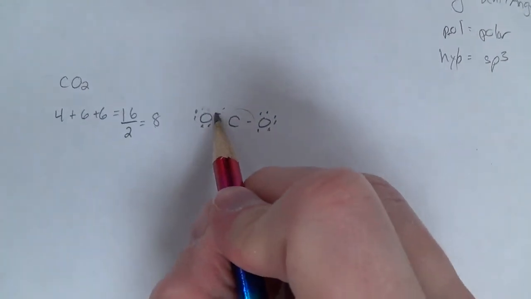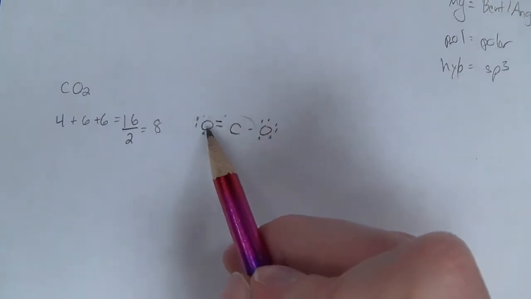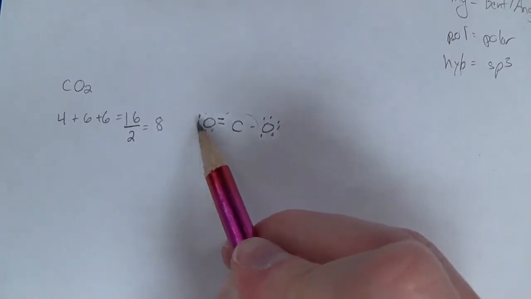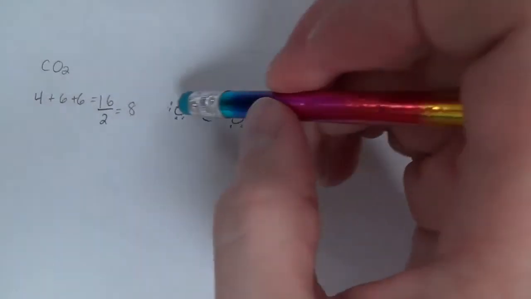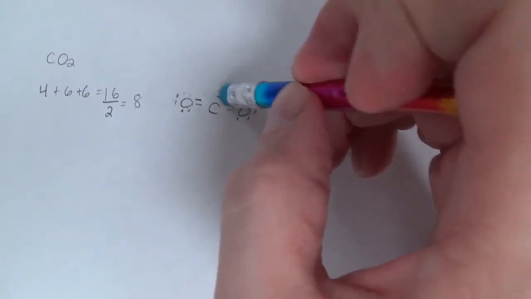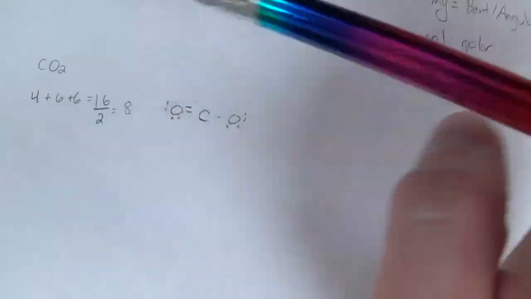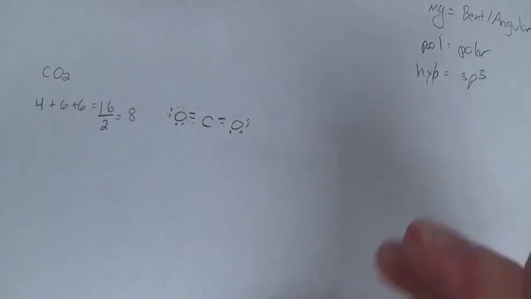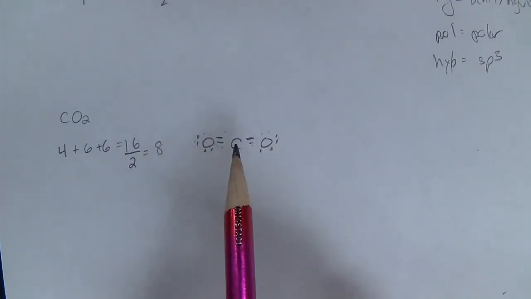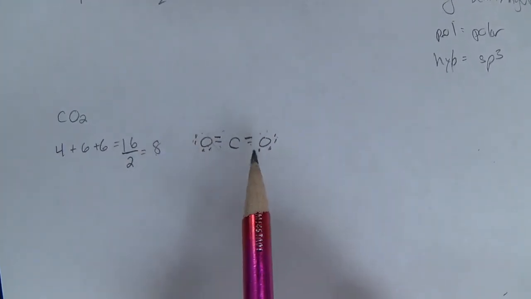Let's share another lone pair. Oxygen still has an octet, 2, 4, 6, 8, but carbon now has 2, 4, 6. It's getting closer to an octet. Well, if it works well on that side, let's do it on this side as well. So now we have 2, 4, 6, 8 there. So now carbon has an octet and each oxygen has an octet.